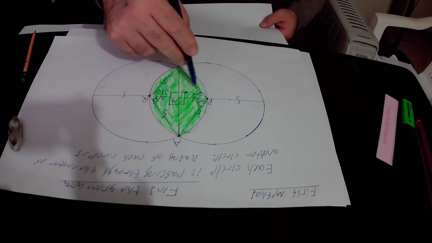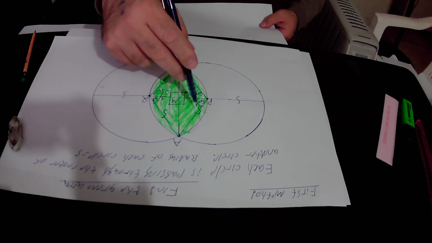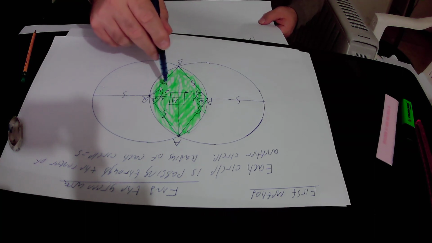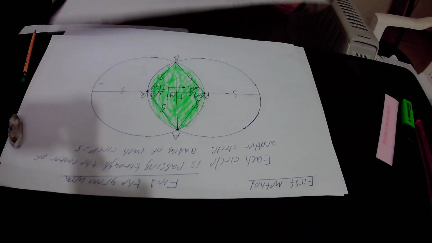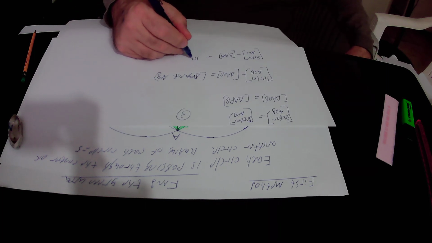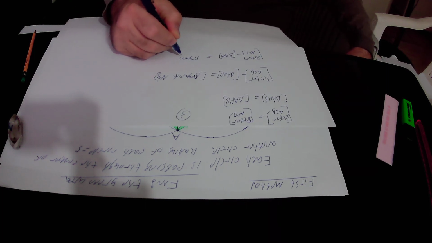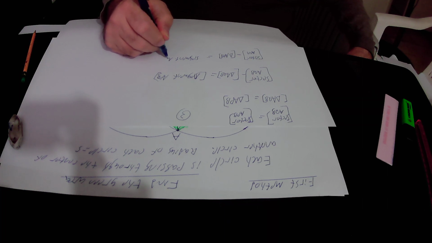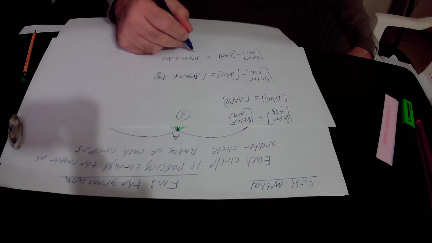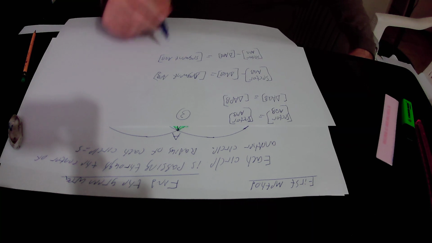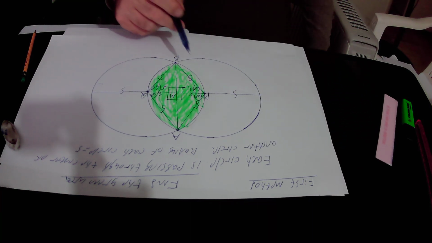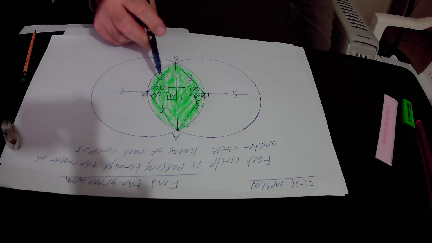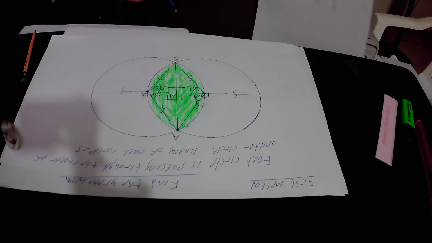This is sector APB minus the area of triangle APB, which will give us the area of segment AQB. And the area that we are looking for is the area of segment APB plus the area of segment AQB. Okay?